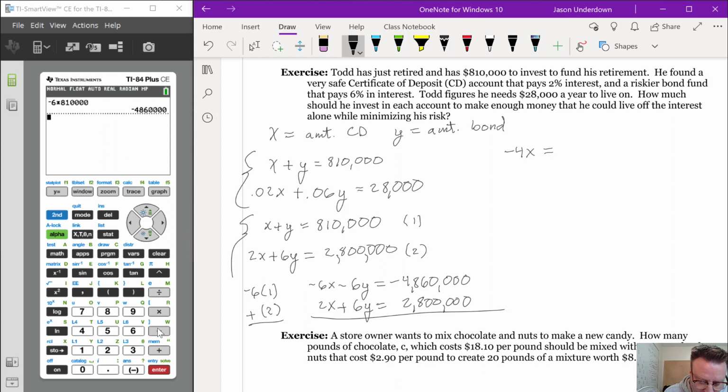Well, I can just add that to my previous result, so I'll do plus 2,800,000. Okay, and I get negative $2,060,000.